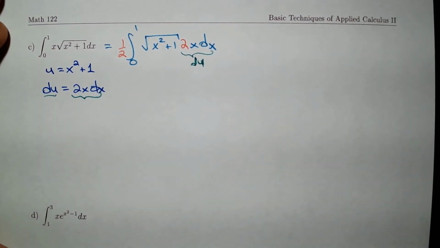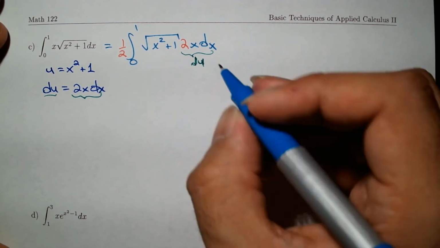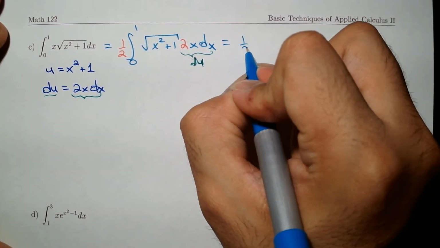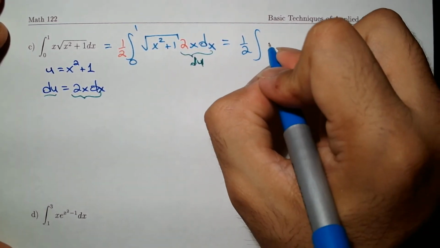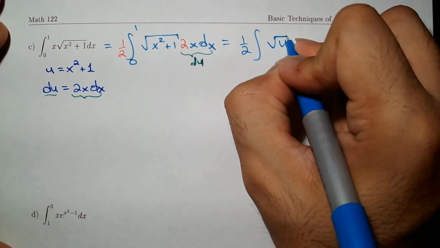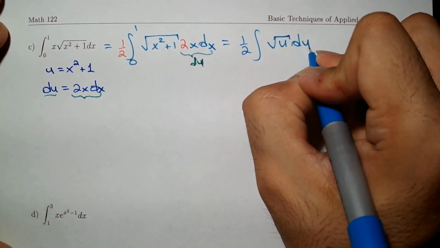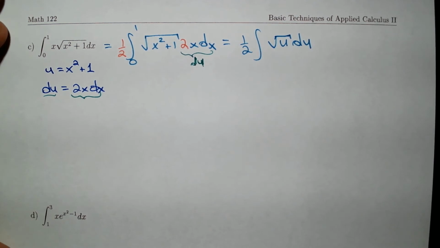Now what's next? Well, the next step is to do the substitution. So 1/2 times the integral of square root of u du. But what about the limits? What are we doing when we do substitution?